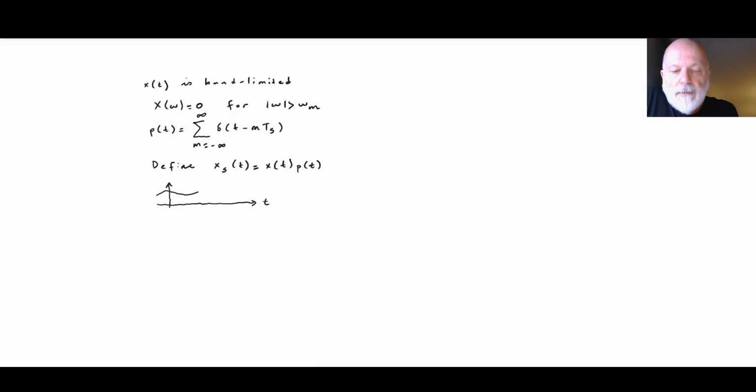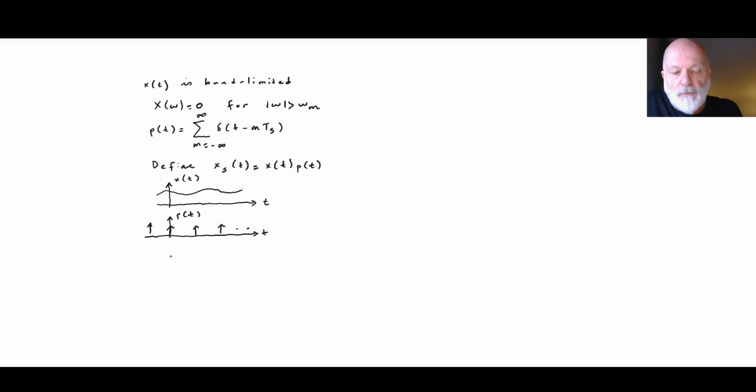We have a certain signal x of t, and then we have the impulse train p of t, which is given in terms of the expression delta of t minus m ts, where m is running from minus infinity to plus infinity.